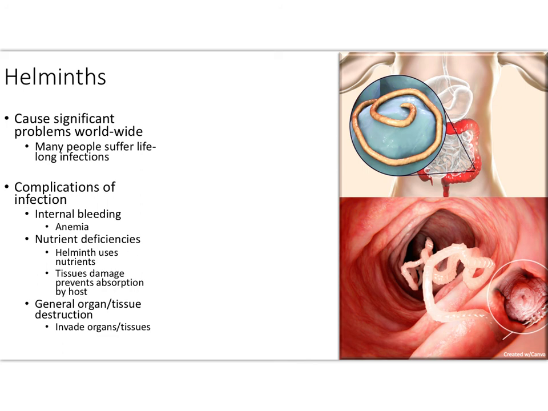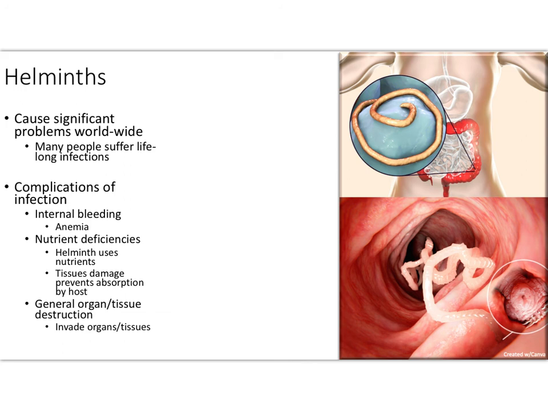Other types of issues that can occur with helminthic infections are nutrient deficiencies, especially in children. These occur for kind of two main reasons. One, the helminth uses the nutrients from the host, or from the child in this case. And in countries where children have access to a lot of food and nutritious food, that may not make too much of a difference.